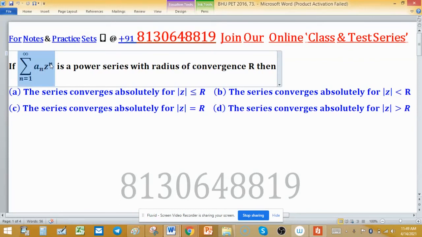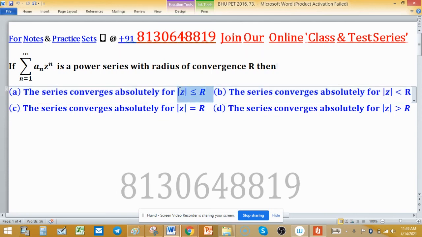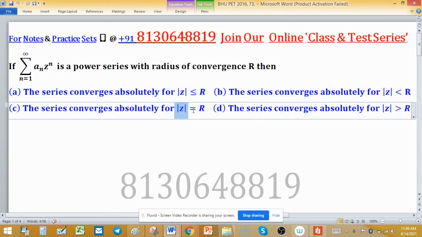If a n z raised to the power n is a power series with radius of convergence R, then the series converges absolutely for mod z less than R. This condition is important. Then there is the case of convergence for mod z equal to R, and the last condition is this one.